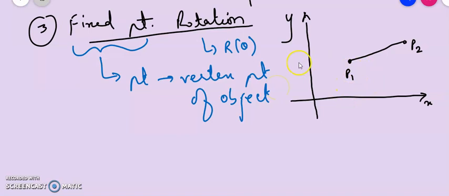If I say that I want to do fixed point rotation while keeping P1 fixed, I will be performing my rotation taking P1 into consideration. So my expected output is this. In this case, this will be my P1 dash and this will be my P2 dash after rotation. This is your angle theta. This is how your fixed point rotation happens.